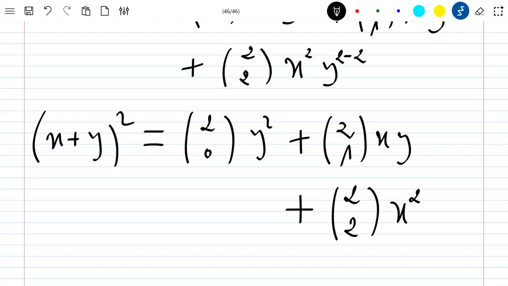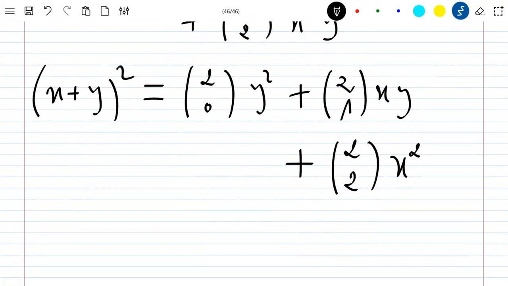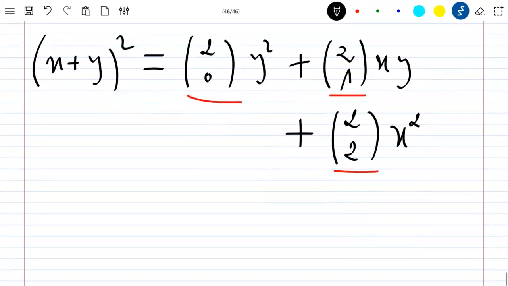Now I'm going to show you how to compute this binomial coefficient. We have this formula.